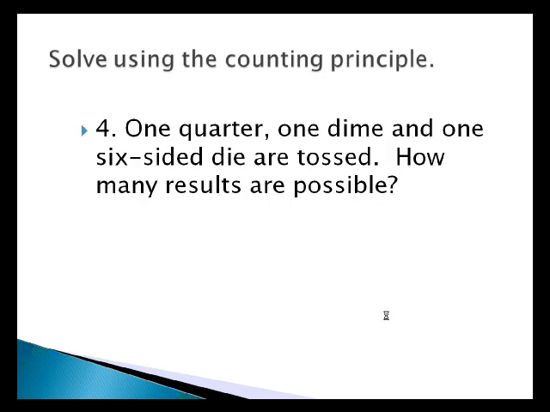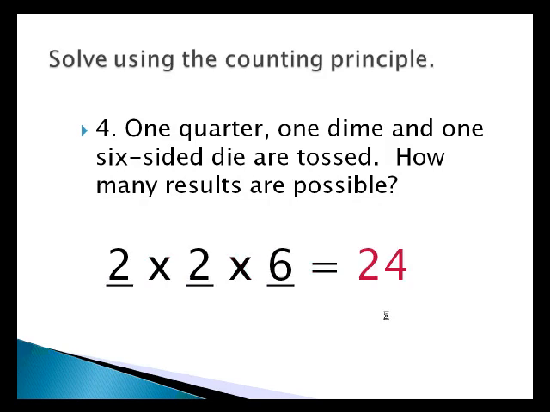How many options are there when you flip a quarter? How many options when you flip a dime? How many options when you flip or roll a 6-sided die? 6. 2 times 2 times 6 is 24. Questions? All right. Let's go to number 5.